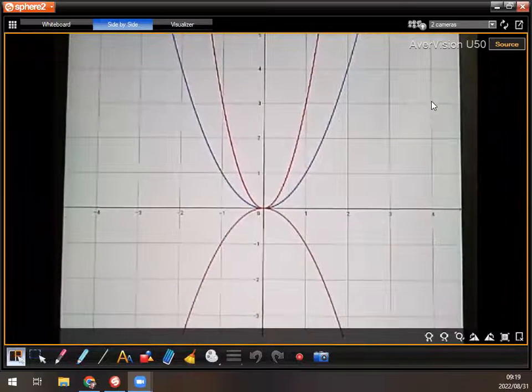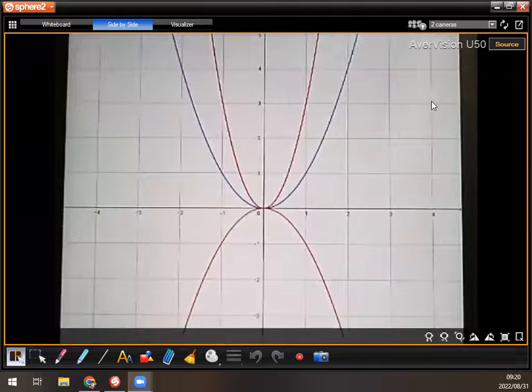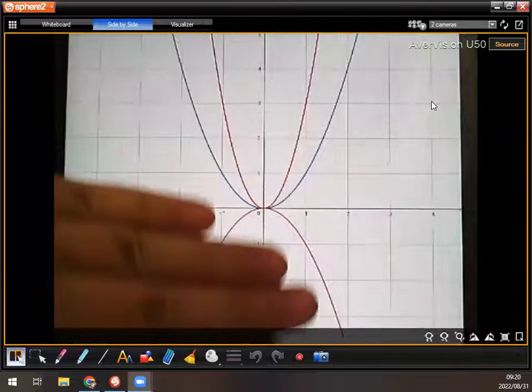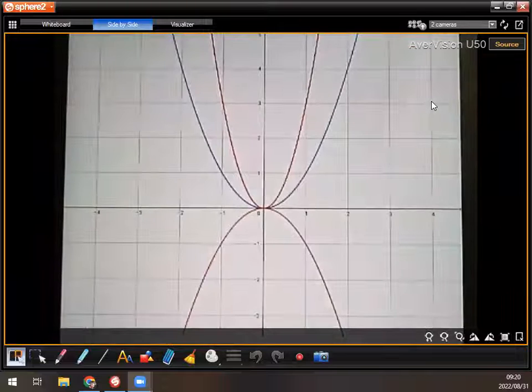I don't know if you can see that. It's orange on my screen. It's just the exact same graph, but it has flipped. What is the correct term if I'm talking about flipping? Reflecting. It's actually been reflected in the, what axis is this? The x-axis.